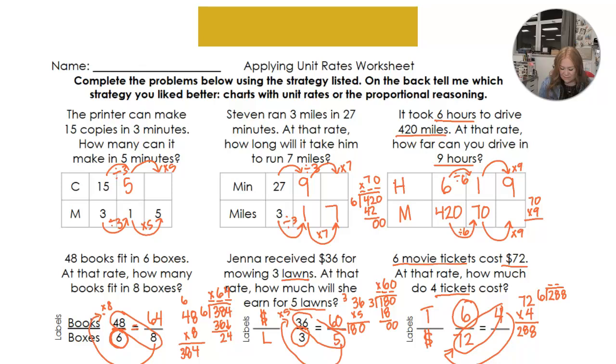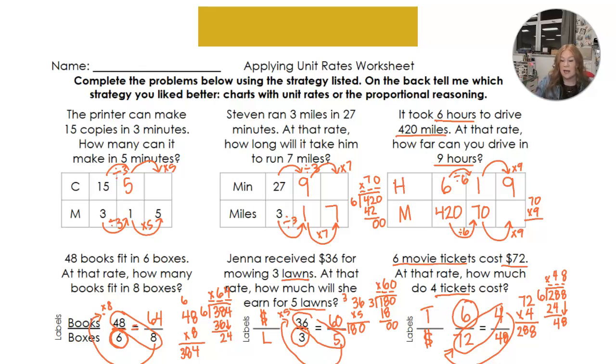So we need something above those 3 numbers. So 6 can't go into 2, but it goes into 28 4 times. 24. 4 is left over. Bring down the 8. 6 goes into 48 8 times. So if they only buy 4 tickets, that's going to cost them $48.